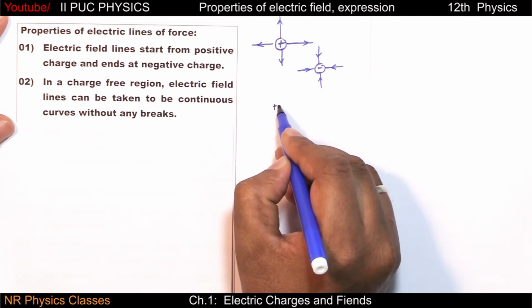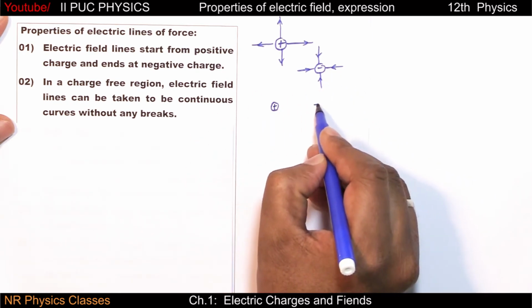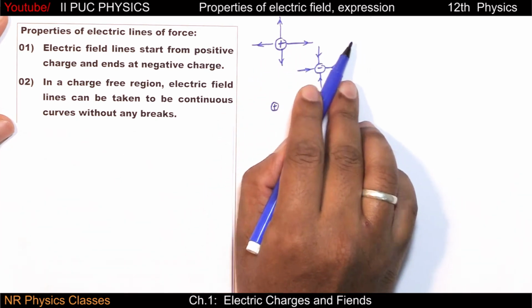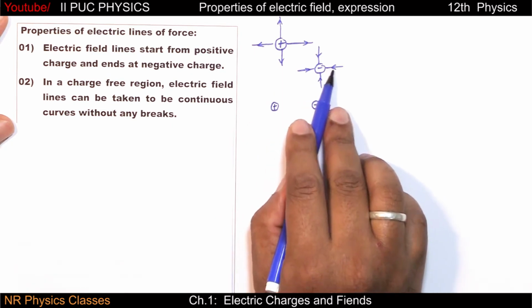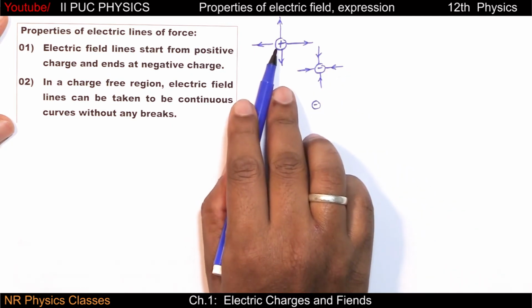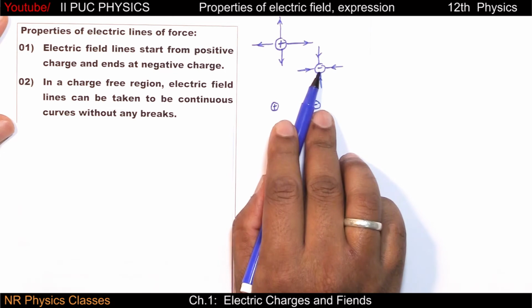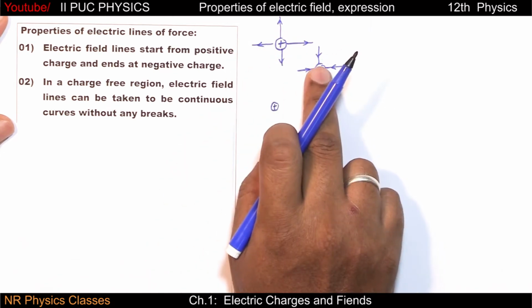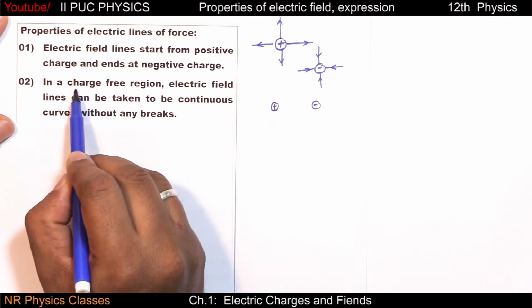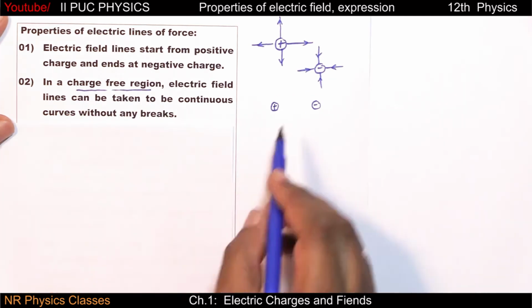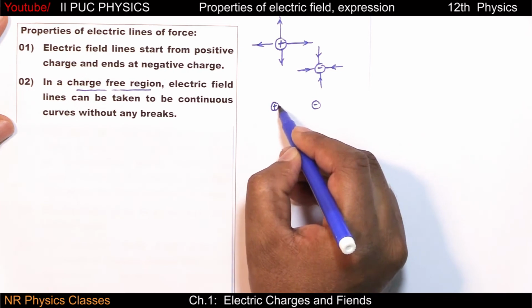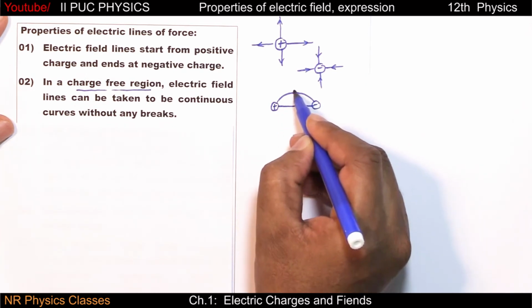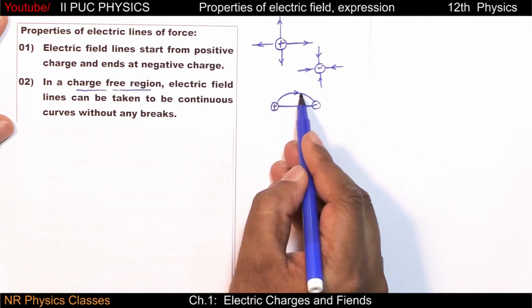We have seen in the case of plus and minus, because of positive charge, continuous, because of negative charge, continuous. Isolated positive, isolated negative. Isolated means positive charge alone, negative charge alone. That is the meaning of charge free region. If there are two charges, then in a system of two charges, lines are also continuous. See, there is no break in this electric field line.